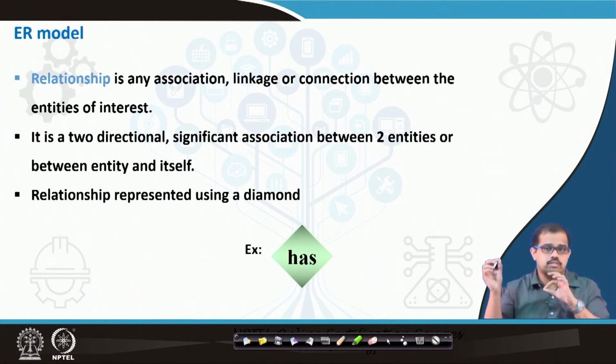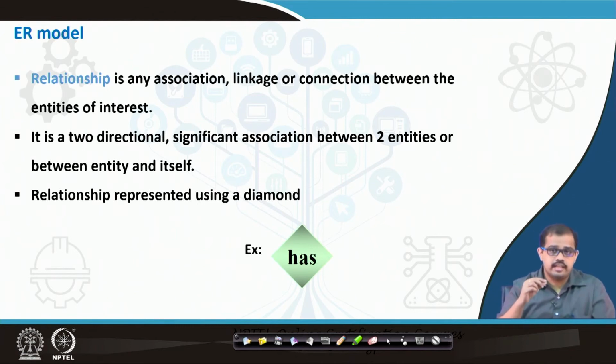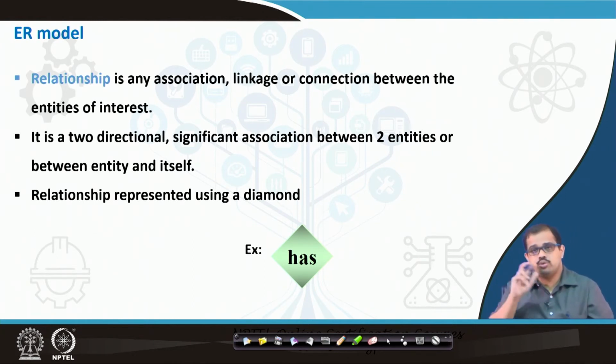PAN number also can link both of these banks, and that link can be described in terms of a relation. Person A has an account in this bank and also has an account in the other bank. So this becomes a relation between the two entities, two banks, where the customer is the entity and that particular entity has two accounts in two different banks.